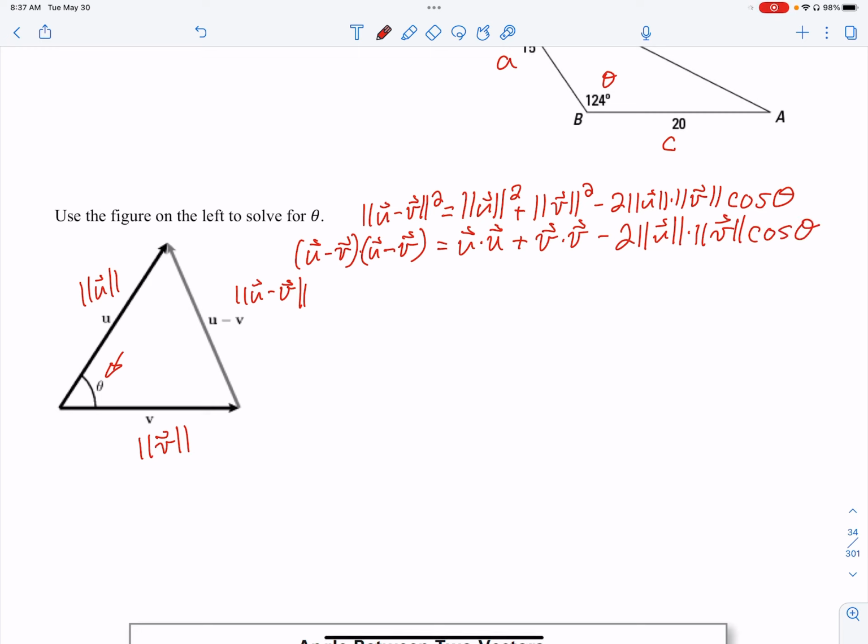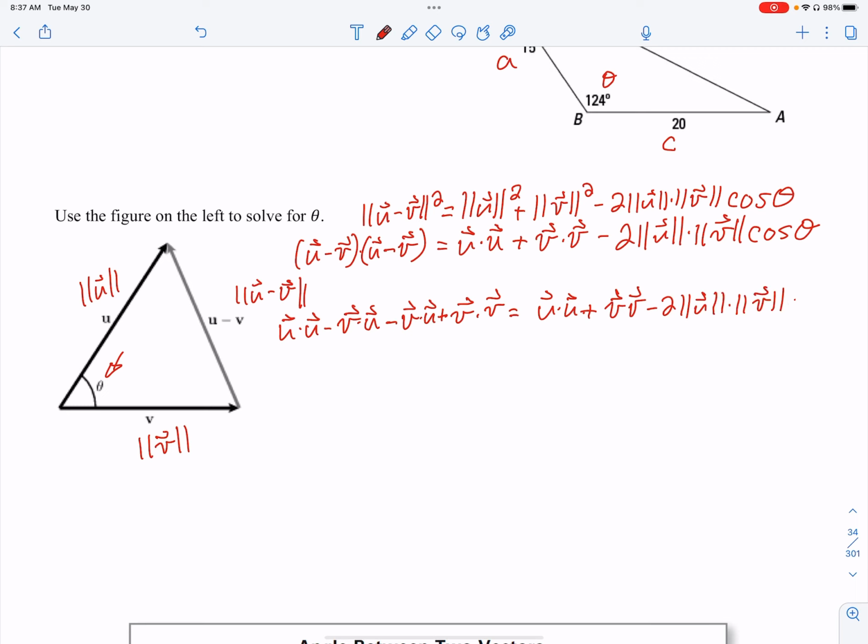Let's multiply that left side out. I get u dot u minus v dot u minus v dot u, we could turn those around if we wanted to, plus v dot v. That's the left side multiplied out. Plus, I'm just writing the right side out again.